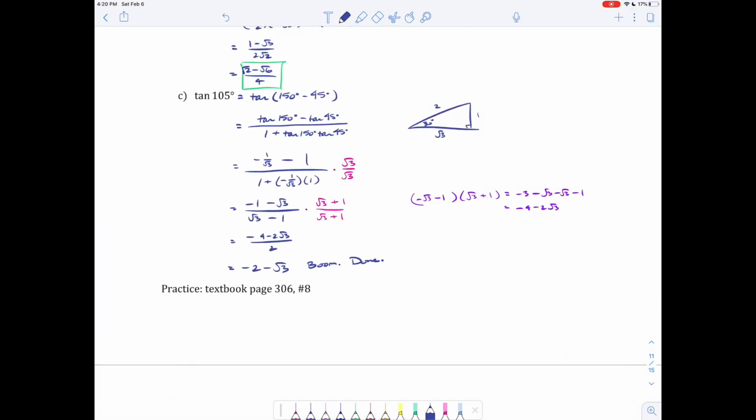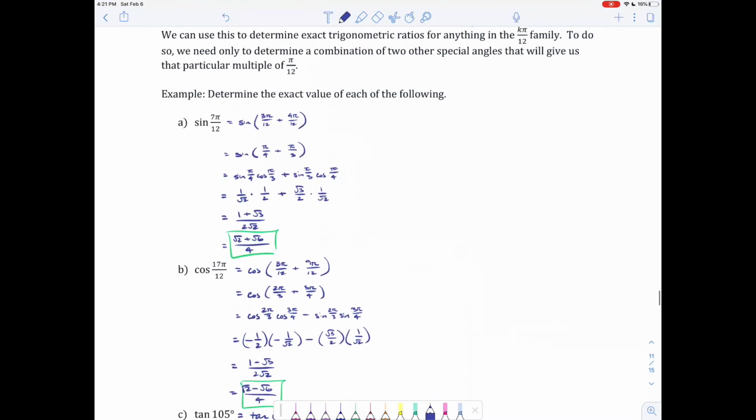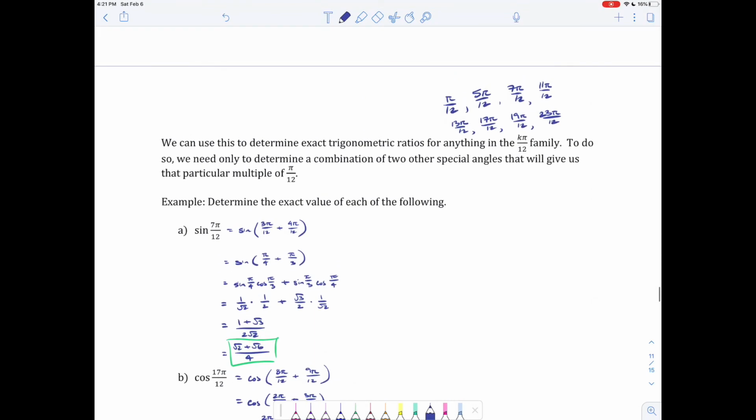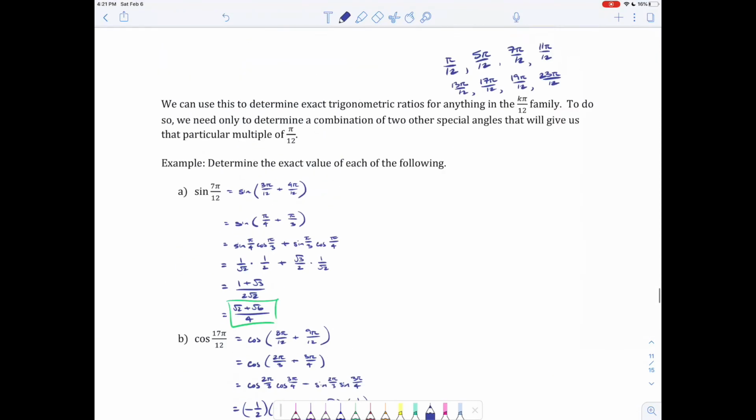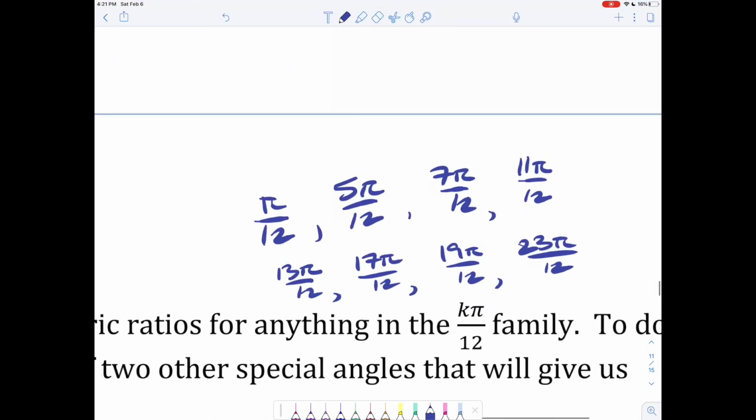There's quite a bit of practice. There it is. It just says number 8. You know that's probably got an A, B, C, D component to it. So it's a bit, but practice with these. It's a finite number of questions that can be asked for these multiple of pi over 12 questions. You've got sine, cosine, tangent, secant, cosecant, and cotangent, and 8 possible angles that they can be asked of.